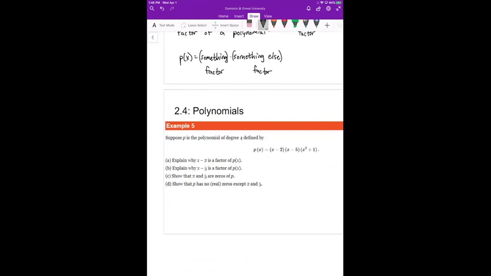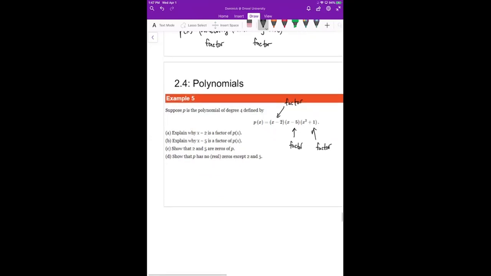Okay, so here, of course, x minus 2 is a factor, x minus 5 is a factor, and really x squared plus 1 is also a factor. According to this book's definition, we can write our original polynomial as x minus 2 times something else, so it's a factor. And we can write our polynomial as x minus 5 times something else, so it is a factor. Now in part C, we want to show that 2 and 5 are zeros of p.